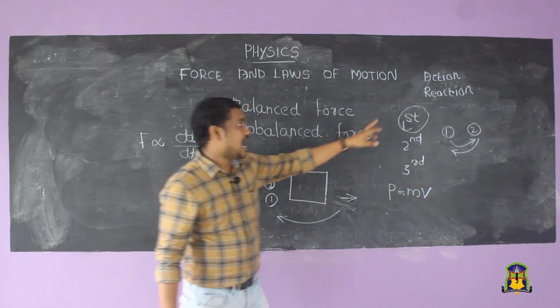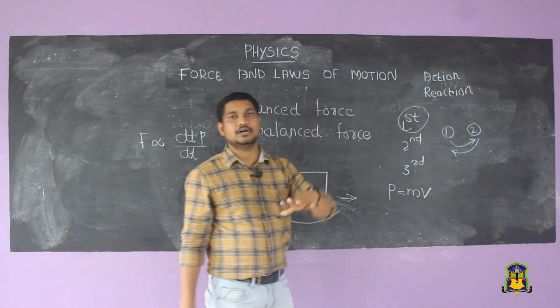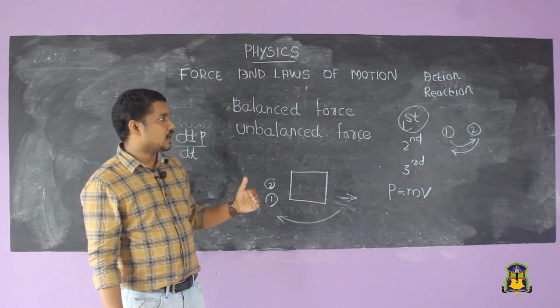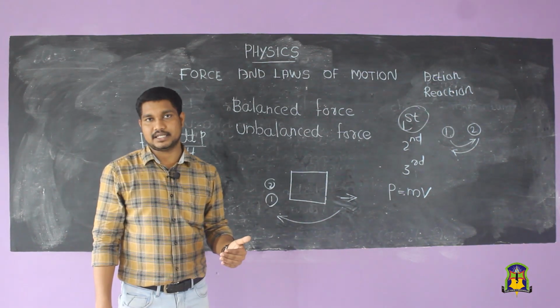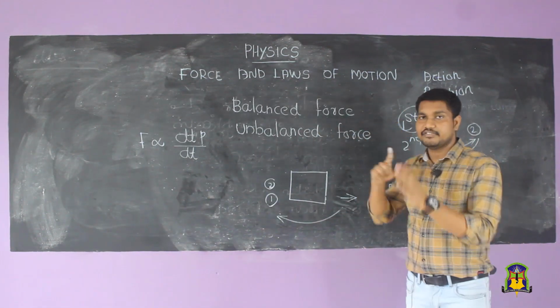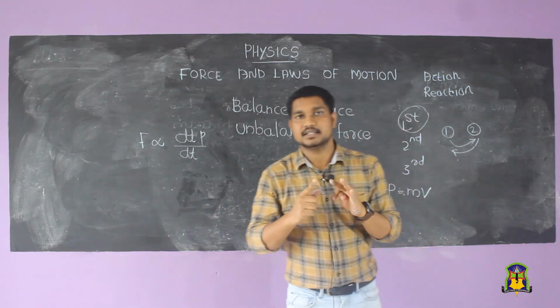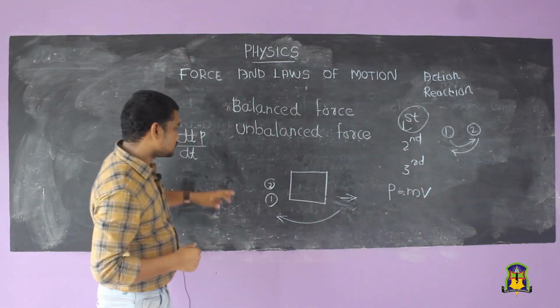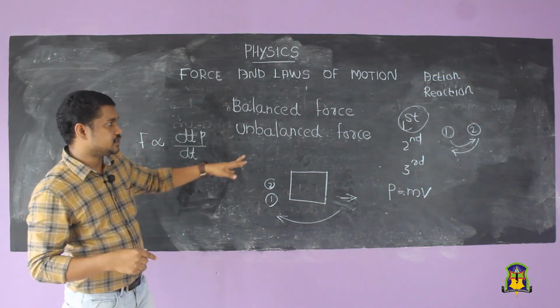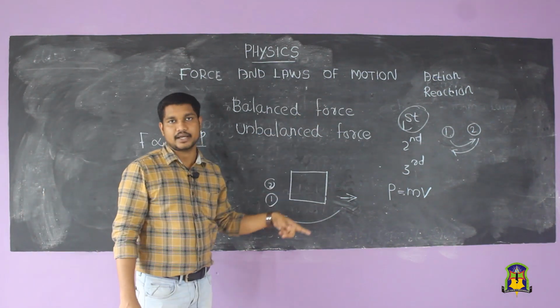Now got the idea? Action and reaction. The third law states that for every action there is an equal and opposite reaction. And these are the three laws of motion: first law, second law and third law. After that we want to study the practical applications of these laws.